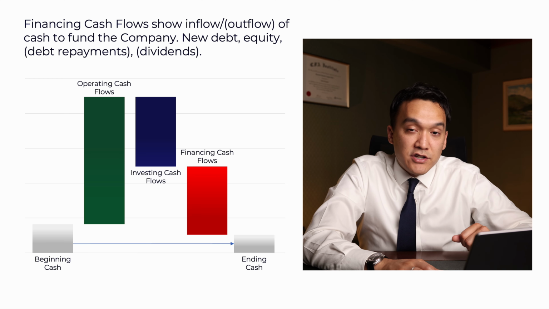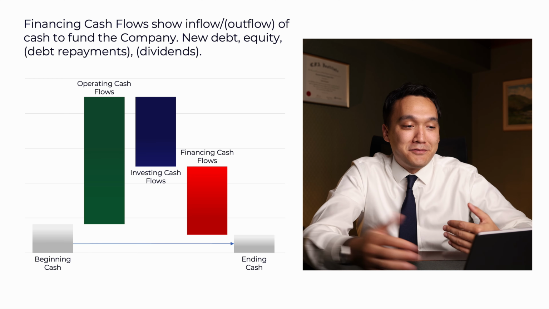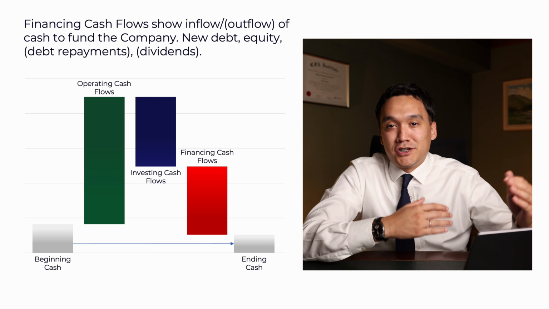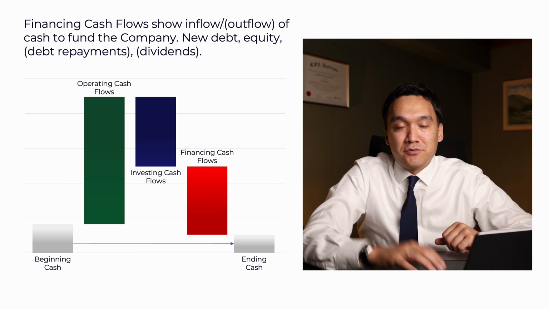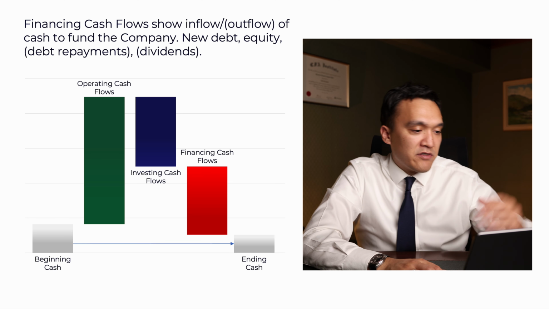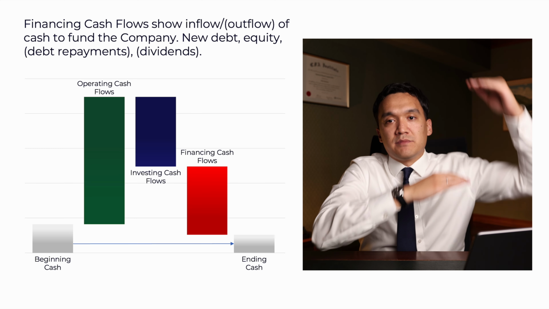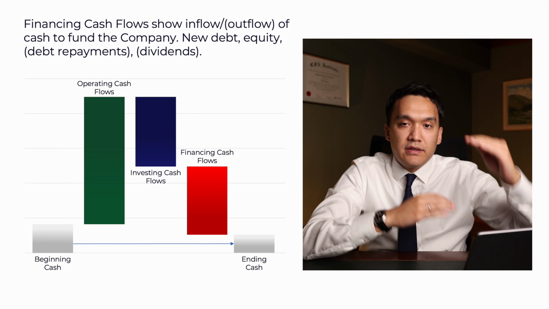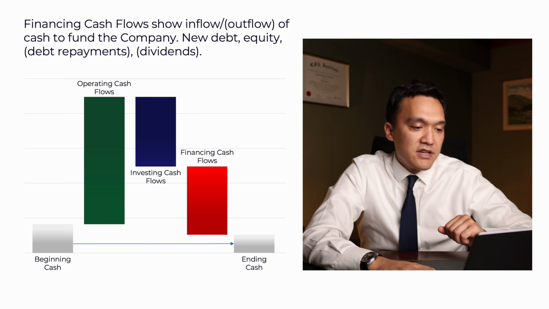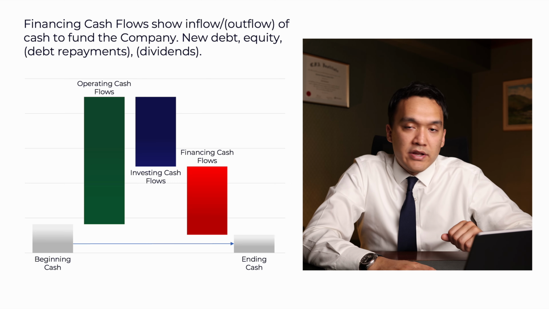But again, financing cash flow can be positive. So for example, we received a very large loan from a bank, or maybe our shareholders made a very large equity injection. But on average it would look like this. So we have beginning cash, then it's increased by positive operating cash flow, then decreased by investing cash flow, and then again decreased by financing cash flow, and we get our ending cash.